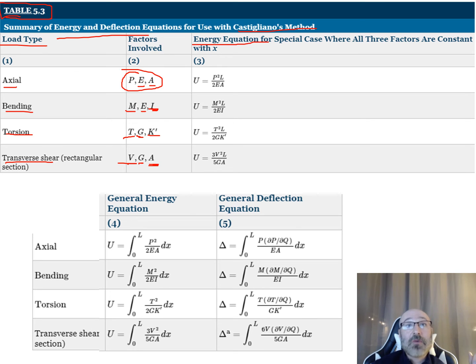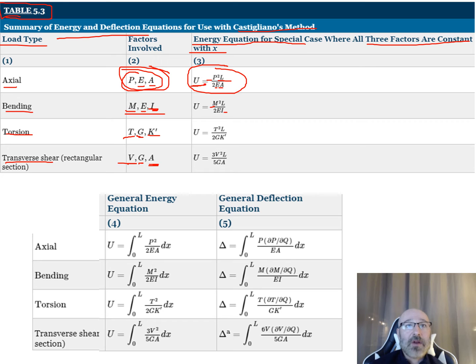Here we have our energy equation for the special case where all three factors are constant with x. So they're not going to vary with distance, which is a special case and not technically a realistic situation. Then we have these relationships where we can get that strain energy, our U value, based upon the factors involved. In this case, there's our load, our length, our dimensions, our E and our A. If we're dealing with bending, there's our moment and our I value.